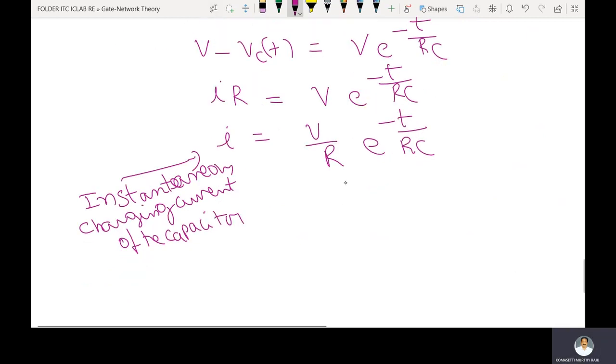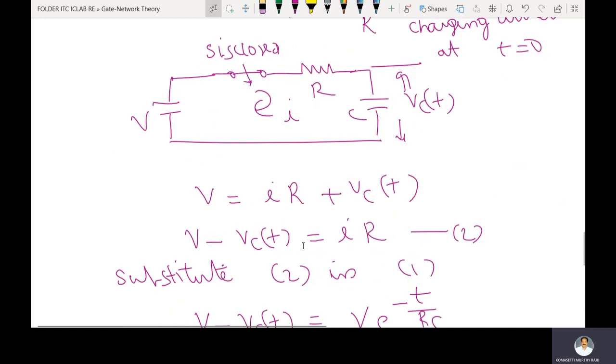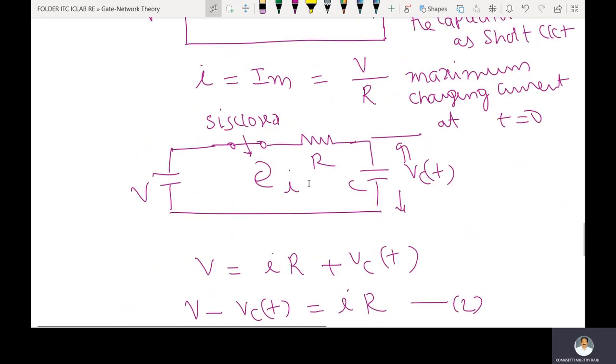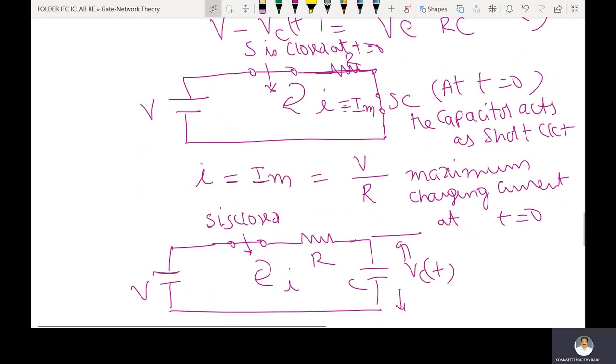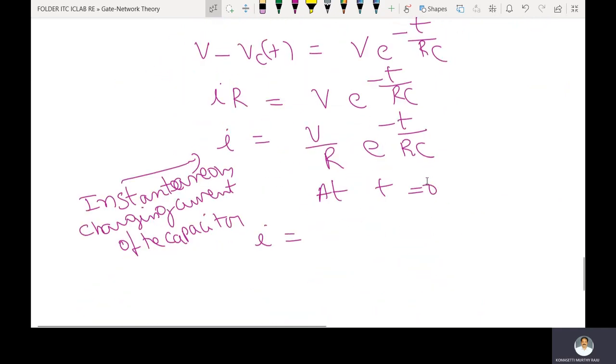Here at t is equal to 0, the switch suddenly closes, the capacitor acts as a short circuit, and the current flowing through the circuit is I is equal to Im, where Im is equal to V by R.